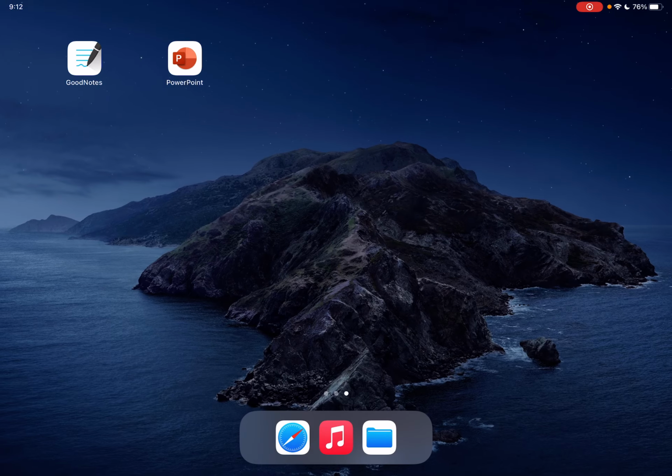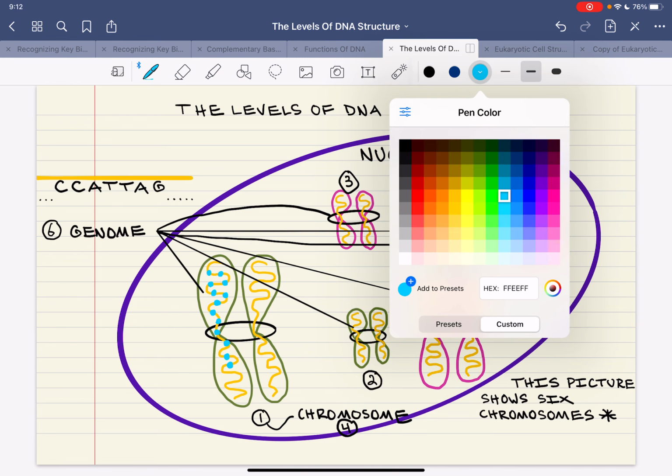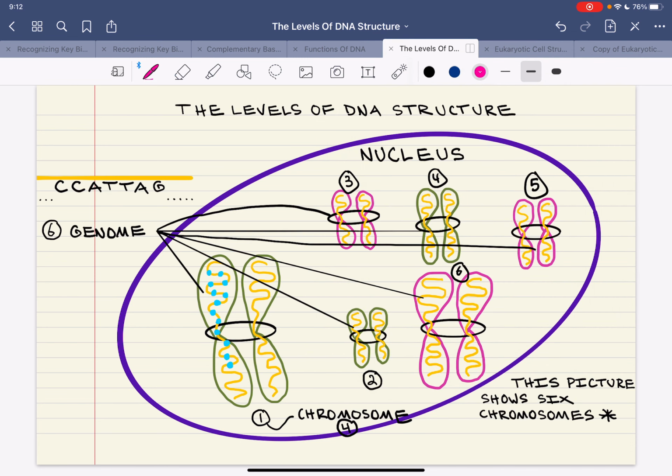So let's draw that out. Let's go to a different chromosome because we have a lot going on in number 1. Let's go to number 6. And I'm going to say, just making this up, let's pick a different color. From this X here, moving to the right, to that X, that's a gene.